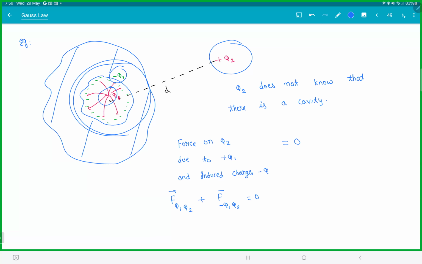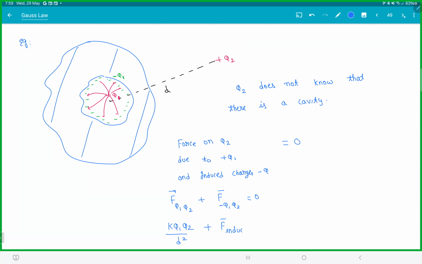But if I ask you only between this Q1 and this Q2, there will still be a force between them, isn't it? So that would be K Q1 Q2 by d square. This is the force between the Q1 and Q2. The force between the induced charges inside and Q2 outside, so this is 0.